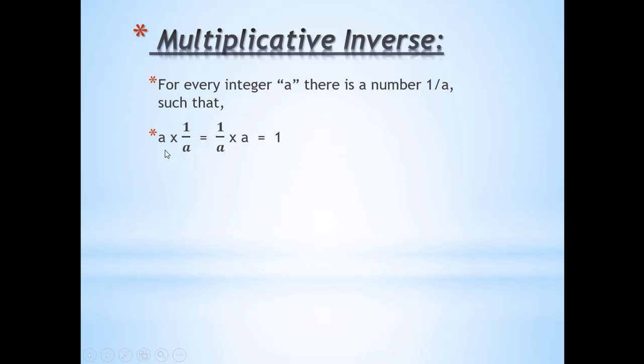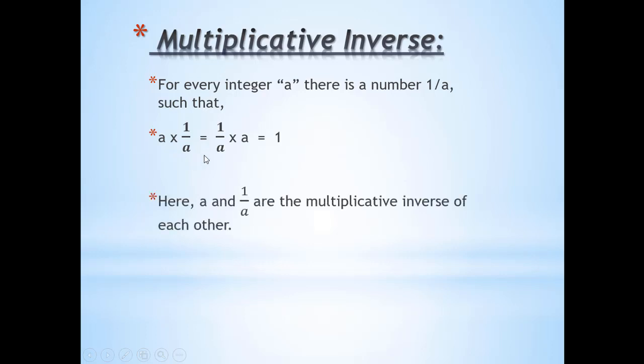Here a is the numerator and the denominator is 1, but we don't write 1 in the denominator of any value, so the multiplicative inverse will become 1 over a. Here a and 1 over a are the multiplicative inverse of each other.